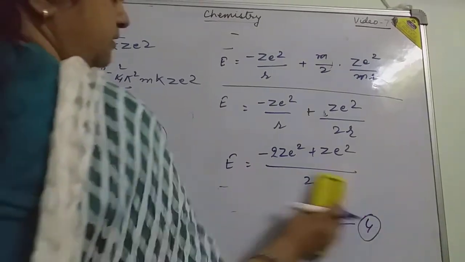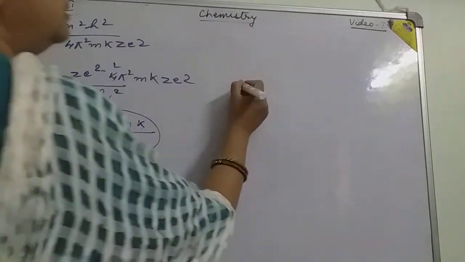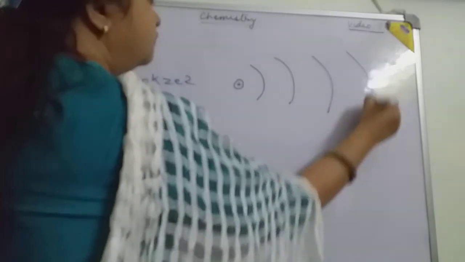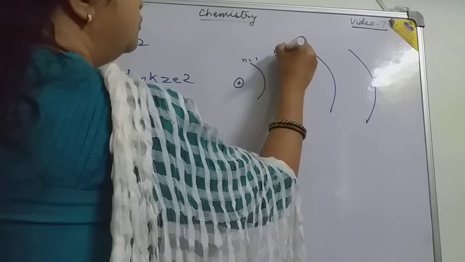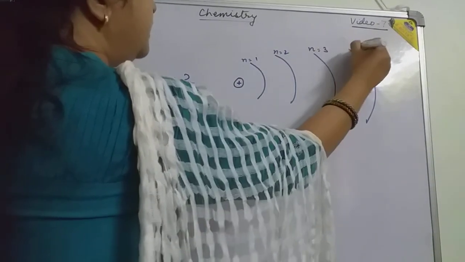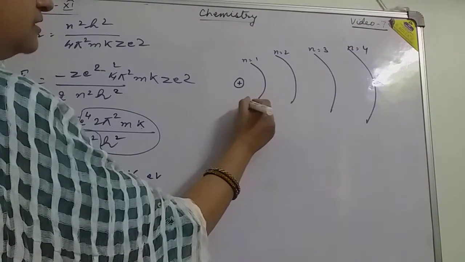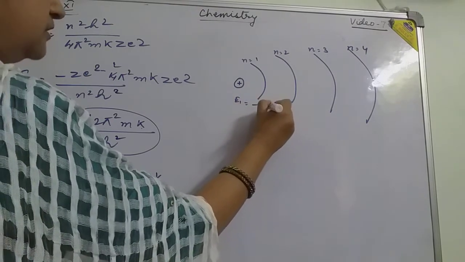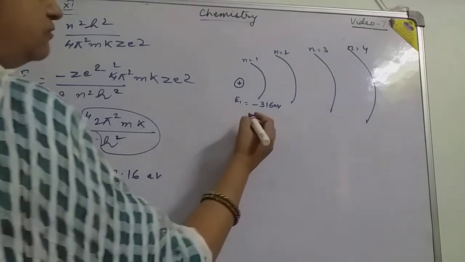Look at it. If this is the nucleus and these are the first, second, third and fourth shells, n equal to 1, n equal to 2, n equal to 3 and n equal to 4, for the hydrogen atom the energy of this is E1 equal to minus 13.6 electron volt.